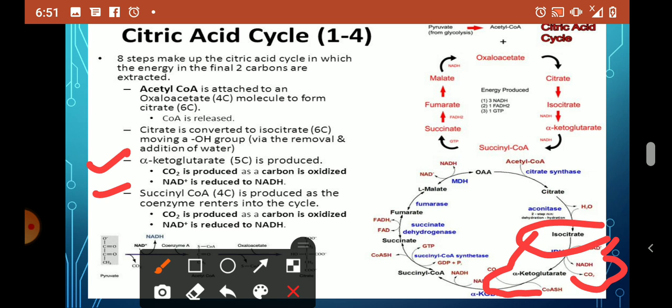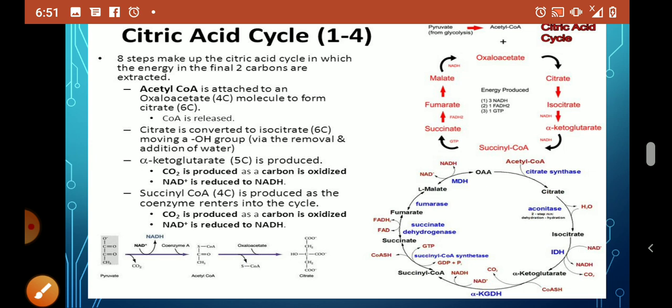So both oxidation and dehydrogenation occur, and alpha ketoglutarate is formed, with one carbon dioxide removed.